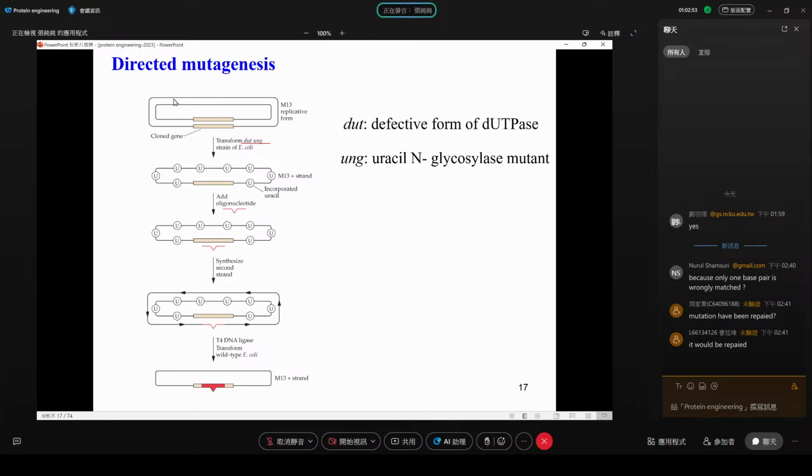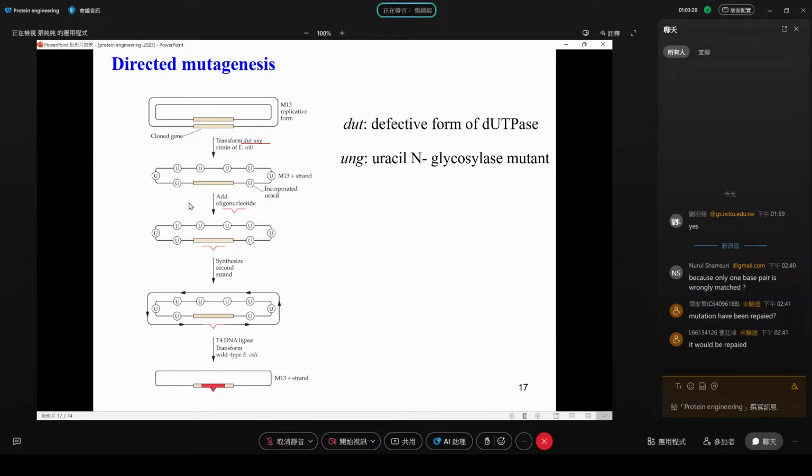So we can do something like this. When they transform into the DUT-UNG mutated E. coli, then we'll make the parental strand incorporate a lot of U here, right? Any T will be misincorporated as dUTP here. So we'll make your parental strand contain uracil.